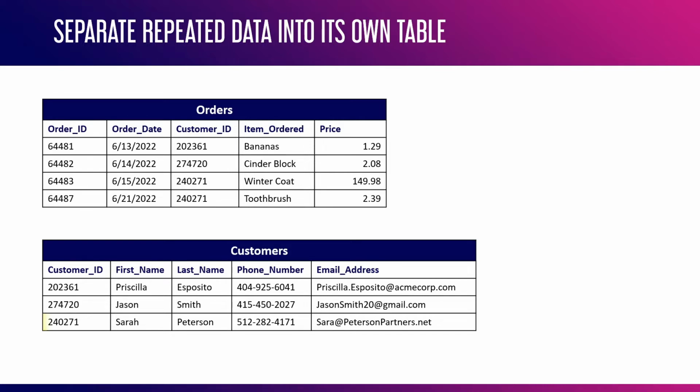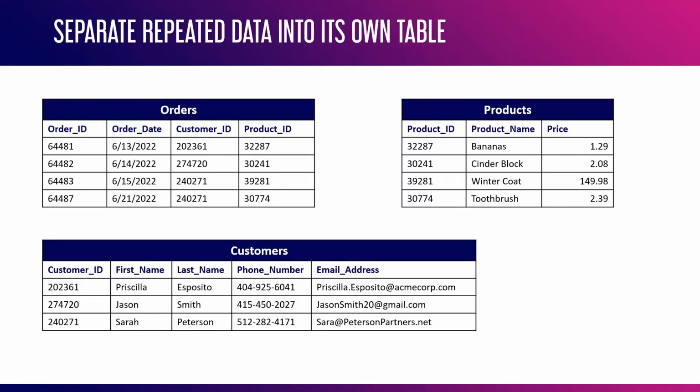Now, anytime we see a customer ID 240271, we can look that customer ID up in the customers table and see that 240271 is Sarah Peterson. And now, anytime her phone number changes or her email address changes, we only have to update it in one place. We don't have to find every single order and update it.